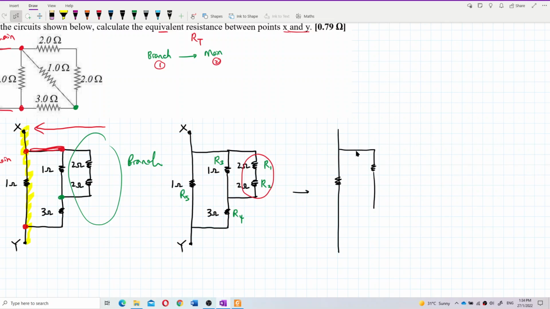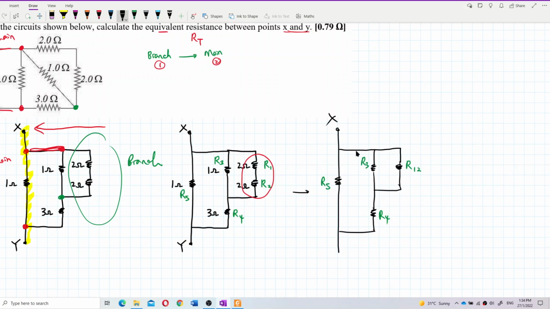Okay, and then like this, this one is combined in series. This one is R3, this is R12, this is R4, and this is R5.